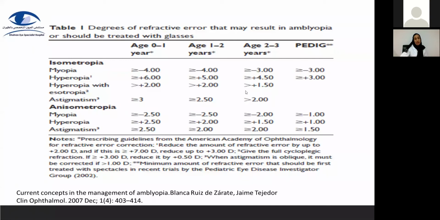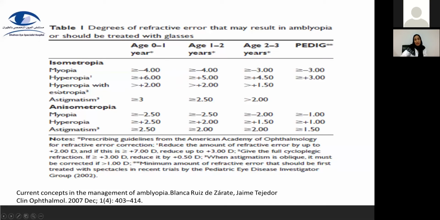Usually the American Academy recommends that you give glasses to patients with myopia if the child is -4 or more, and -3 or more in children older than 2 to 3 years of age. In hyperopia, if the child is more than +6, they recommend that you decrease it by 2 diopters to reach +4.